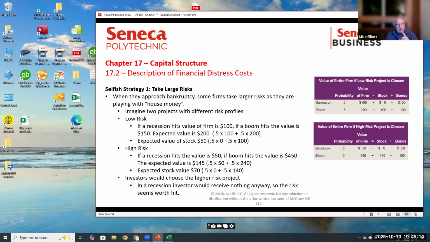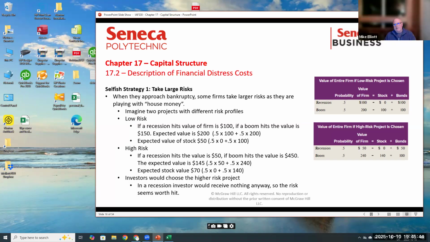The expected value of the stock is then a half times 0 plus a half times 100. Because we have 0 stocks and bonds, etc. Right? In our high risk firm, if a recession hits, the firm's value is $50.